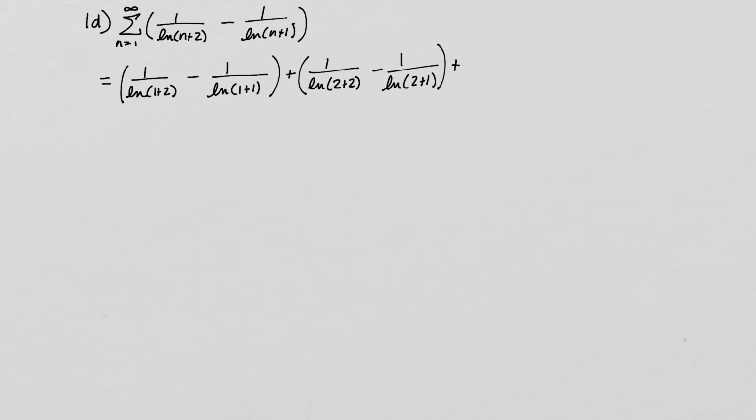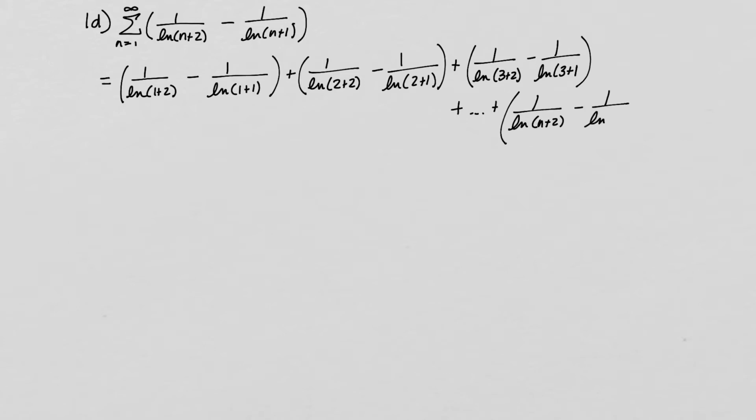If I plugged in n equals 3, I would have 1 over the natural log of 3 plus 2 minus 1 over the natural log of 3 plus 1. And keep going, we'd come up to this 1 over the natural log of n plus 2 minus 1 over the natural log of n plus 1.